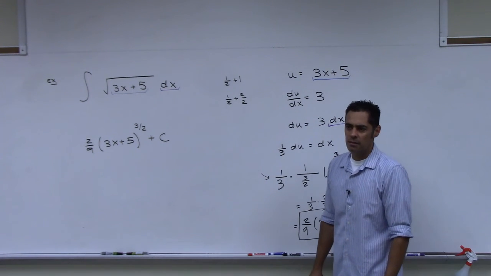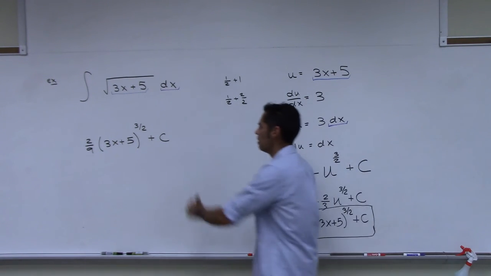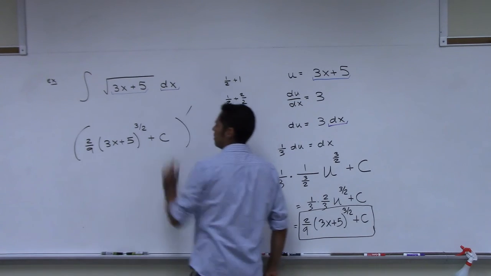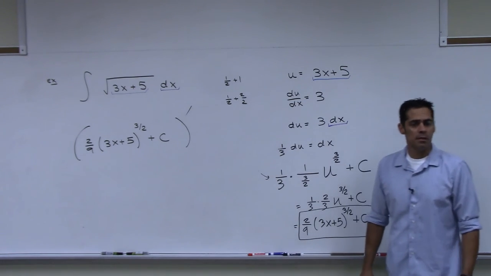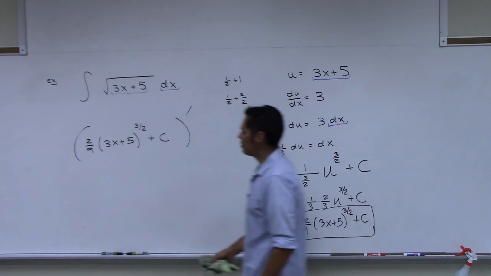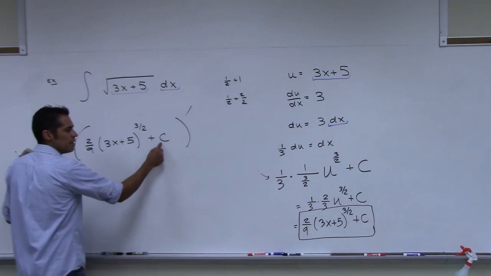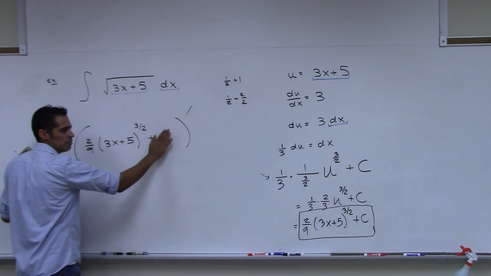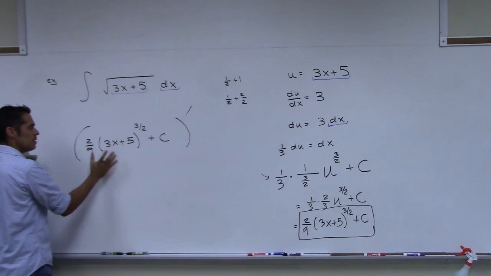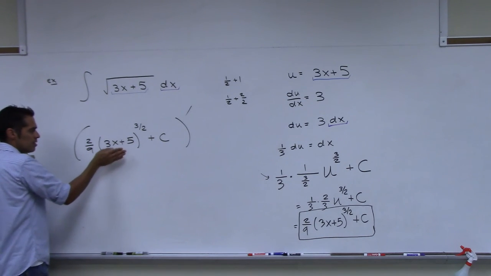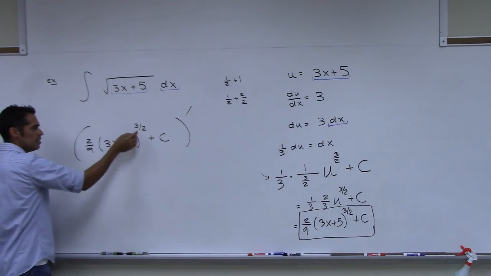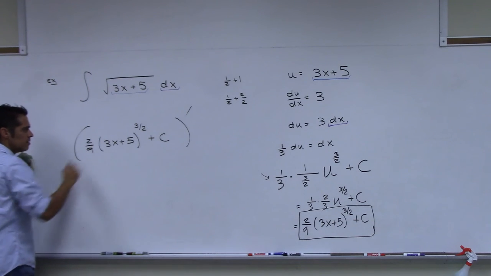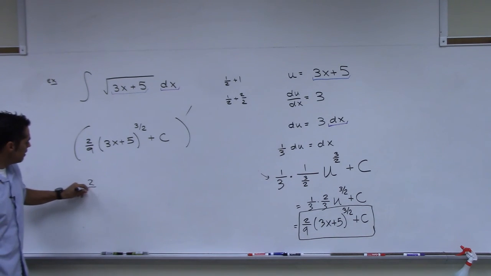So let's check it. How would I check it? Take its derivative, right? If I asked you to take the derivative of this, the constant would go away, wouldn't it? So you have to take the derivative of this big ugly thing, which is something to a power. So you bring the power out front first, right? I have a 2/9 sitting out there.